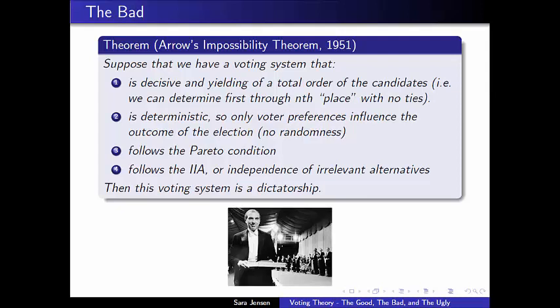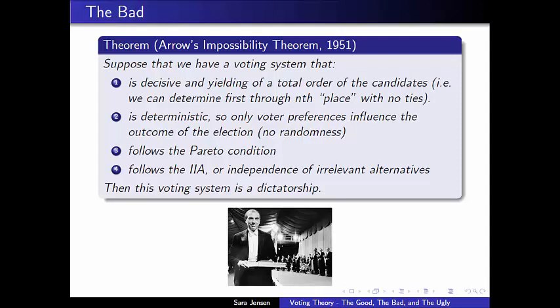If that voting method is deterministic, and what that means is that really and truly it's only the voter preferences that influence the outcome of the election, there is no randomness involved, that's kind of reminiscent of our nearly decisive criterion. If we were in the situation with two voters in a dead tie and we were forced to determine an outcome, a lot of people would flip a coin.